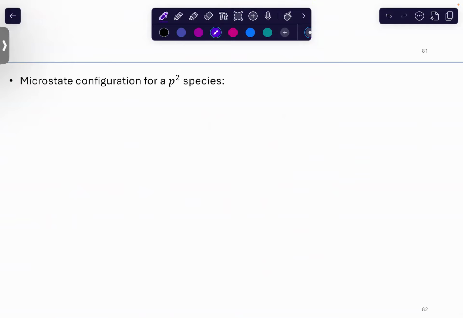Okay, so what do we have here? For P, L equals 1, our values of M sub L are going to be +1, 0, and -1. We want to remember that our capital M sub L will be the sum of our M sub L's.